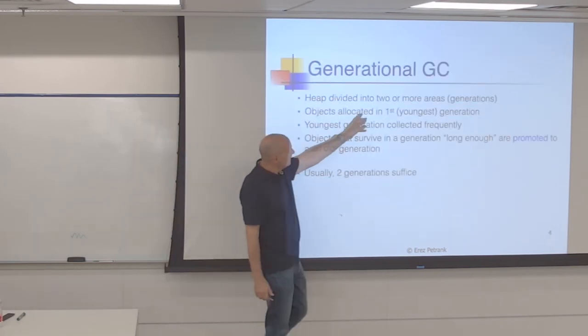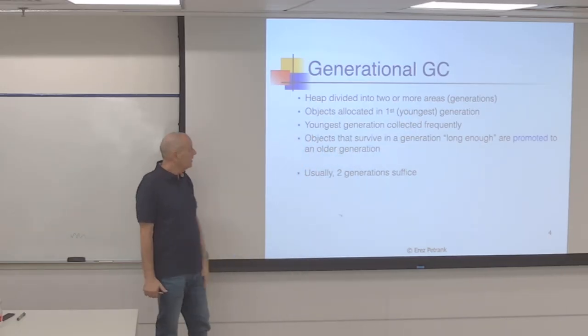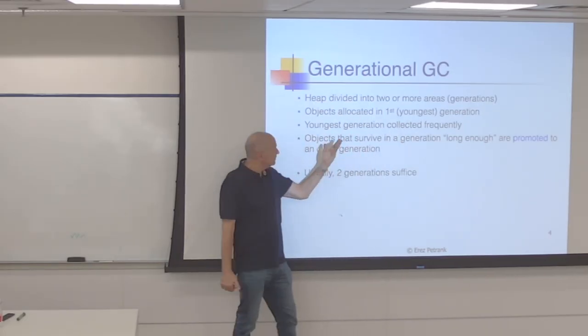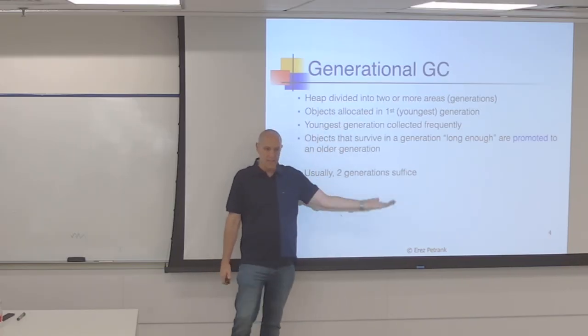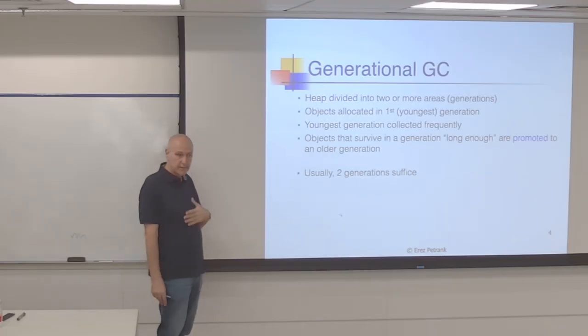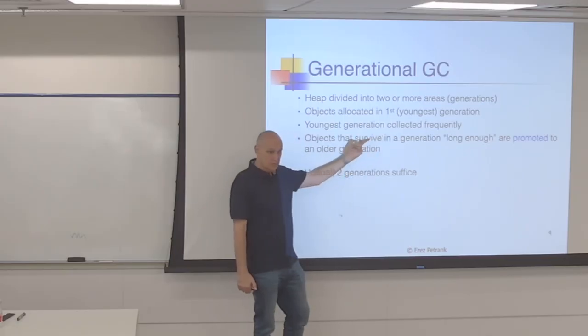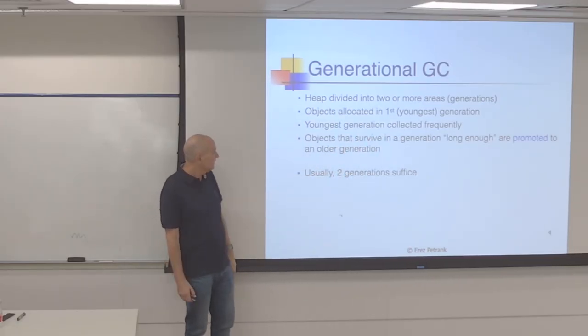So the heap will be divided into 2 or more areas, which we call generations. And the objects are allocated in the youngest generation. These are the youngest objects. And this youngest generation, the young generation, is collected very frequently. And we expect to be very efficient because we expect lots of them to be garbage already, unreachable.